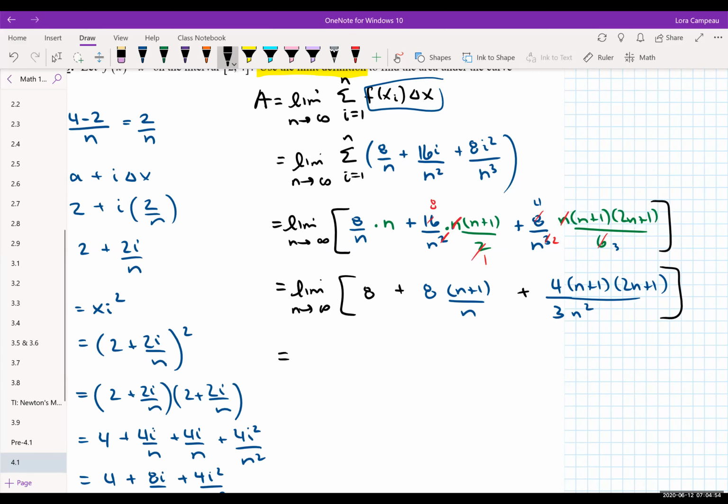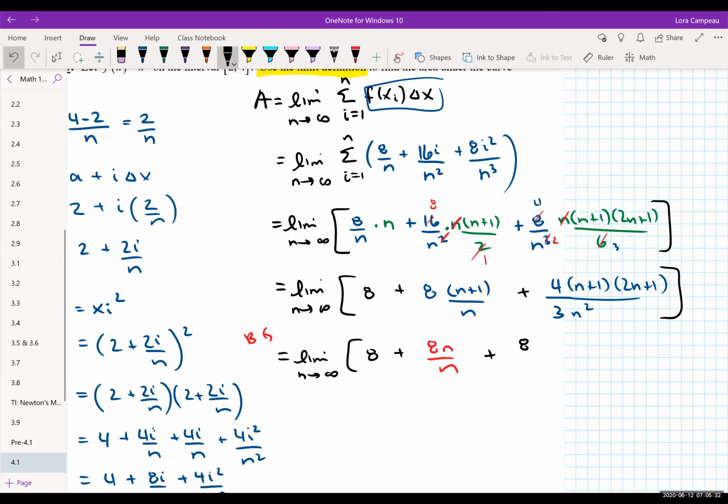So now this is where I can invoke Bill Gates for some of these. The constant is still there. There is nothing wrong with that. But what I'm looking at is the 8n over n. That's this piece, dominant term analysis. And also I should have 4 times n times 2n gives me 8n squared.